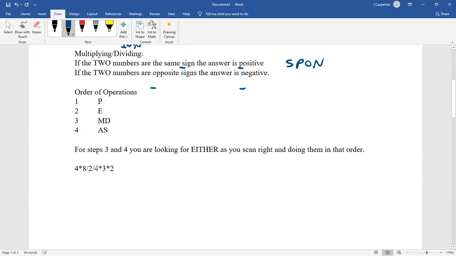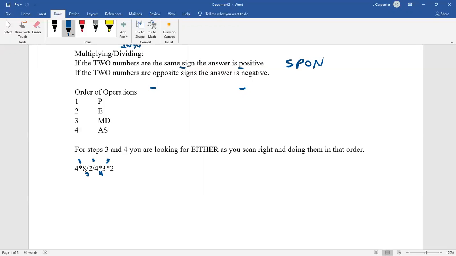You would do them in that order from left to right. You would do the multiplication first, then you would do the division second, then this division third, then this multiplication fourth, then this multiplication fifth. I would not do the 3 multiplications and then go do the 2 divisions. That answer would be wrong.